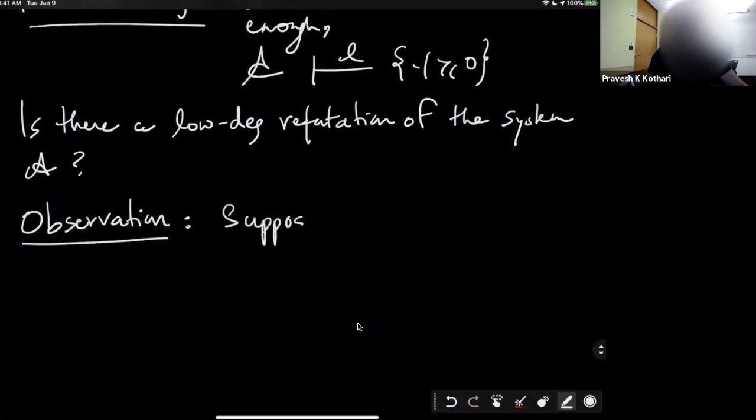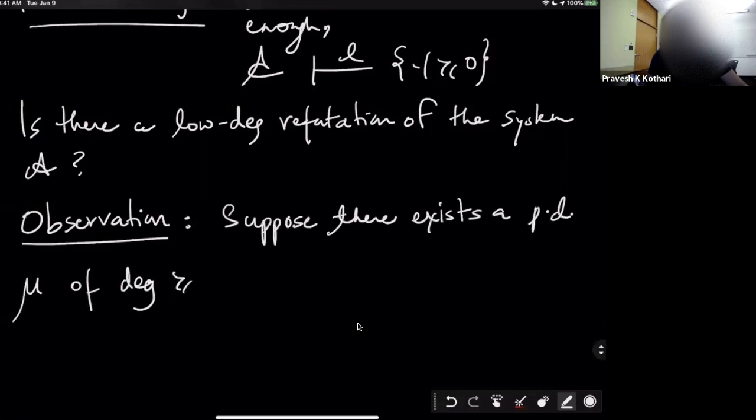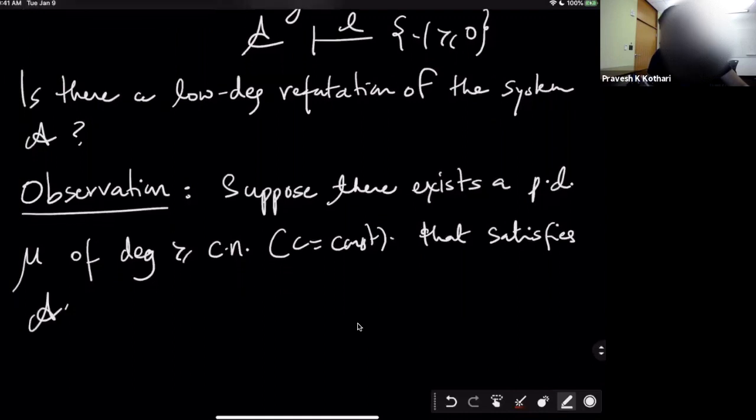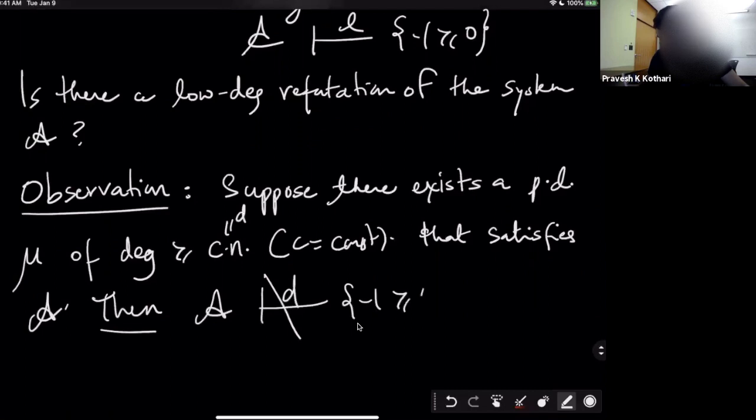Suppose there exists a pseudo distribution mu of degree bigger than some Cn, for some constant C, that satisfies A. Let's call this number D. Then A cannot derive, in degree D, -1 bigger than or equal to 0.